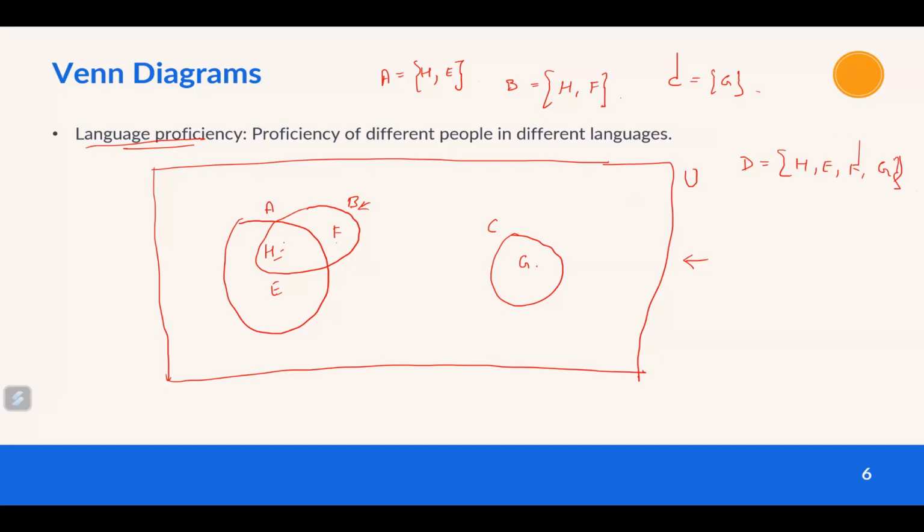So all these 4 languages are being spoken by this person D. So this set will be like this, right? So this will be set D. But you have to make sure that this universal set always encloses all the sets. So no matter if it is set A or set B or set C or set D, all the sets will be inside this universal set. So these are some of the examples of Venn diagram.